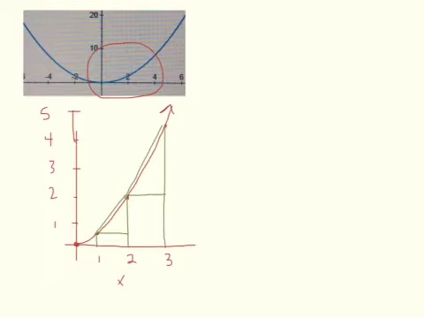But if I do that, then I'm going to find that the area of this rectangle right here is just going to be 1/2, because it's 1 times 1/2. And the area of this triangle right here is going to be 3/4. Of course, the area of this rectangle here will be 2.